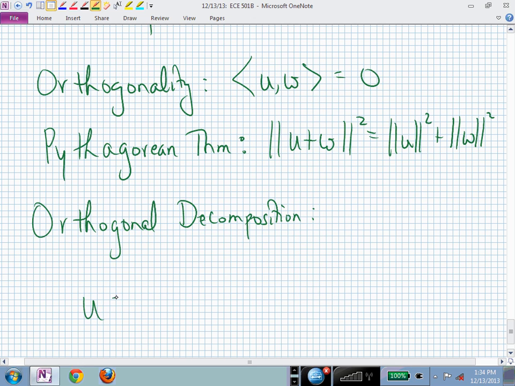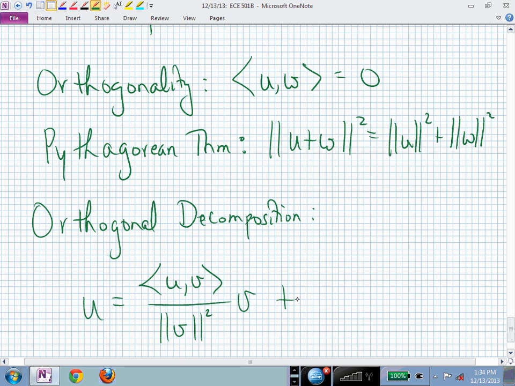Meaning if we wanted to rewrite U as a component along V and then something orthogonal to that, we looked at how we could do that, and we basically now take the inner product or correlate U with V, find how much U and V basically overlap or are in the same direction, divide the length squared of V out of that, and that's now the percentage or the proportion of U along the direction of V.